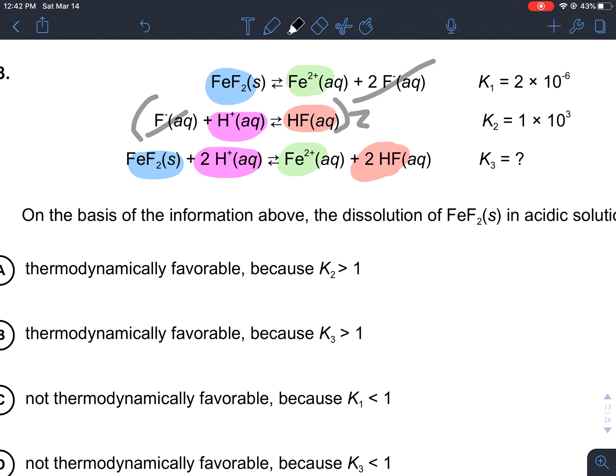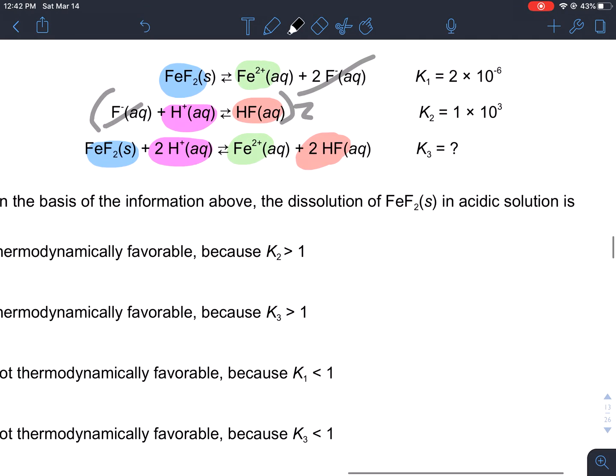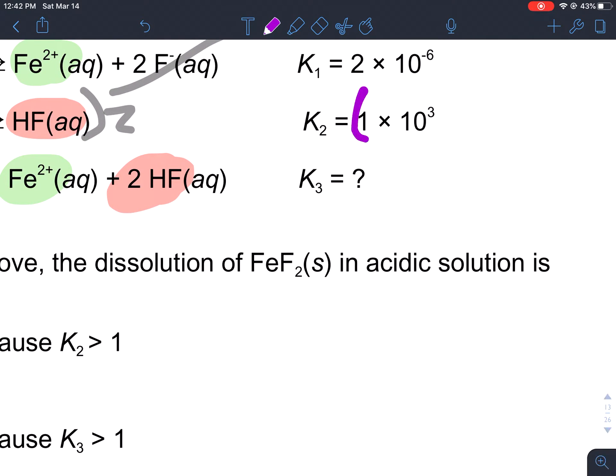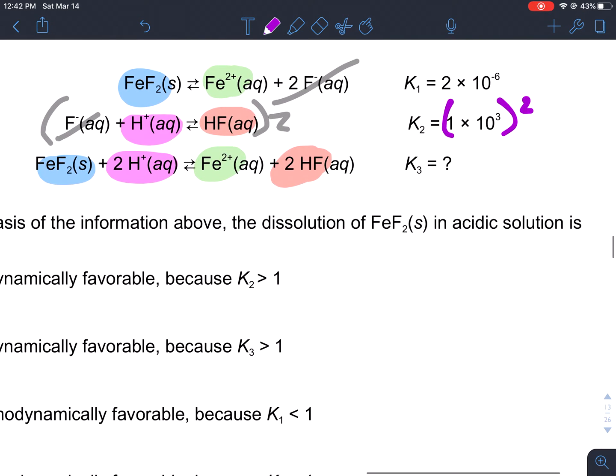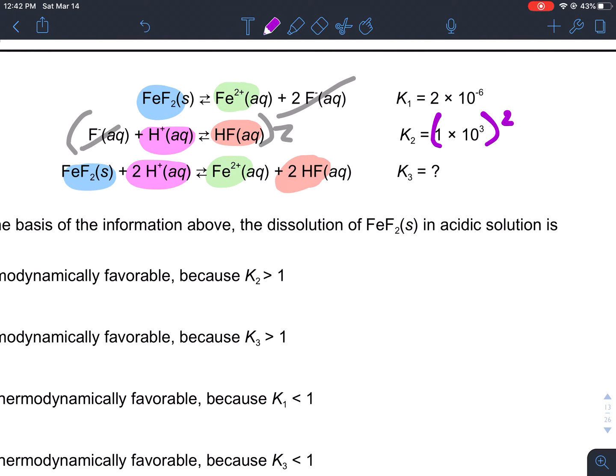How do you multiply a K by 2? Well, you know how you multiply a K by 2? You have to actually square it. So you're going to have 2 times 10 to the negative 6, and then you're going to have 1 times 10 to the 6 when I squared it.